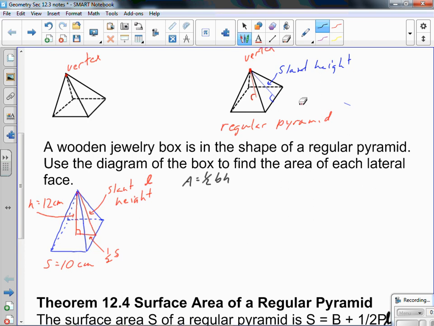And so when we look at one of these lateral faces, what we recognize as the slant height for the pyramid, since the slant height is the altitude of a lateral face, that means that that slant height is actually the height of the triangle that we need to find the area of. And then the base is just the length of the sides, which tells us each side is 10 centimeters.